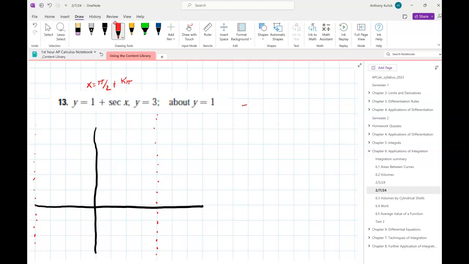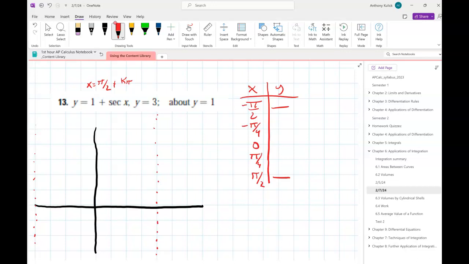So if we're just making an XY table, I would do these values, because I know pi over 4, right?